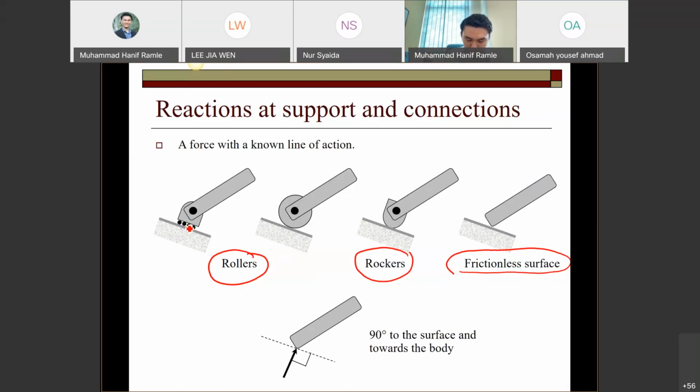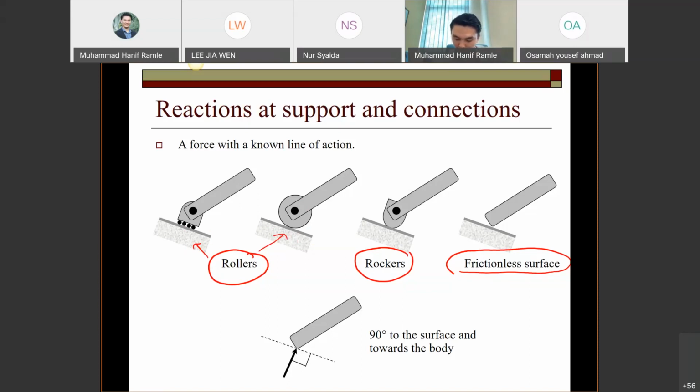If you find this system, we can assume that this is the roller type. Same goes for this one. This is straightforward. We have a wheel attached to another rigid body here, and the wheel touches the surface. So these two conditions, we consider rollers.